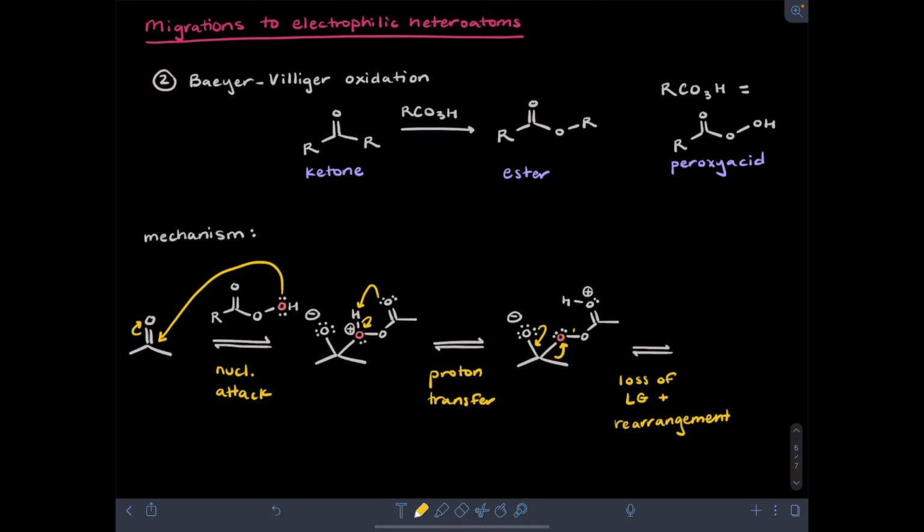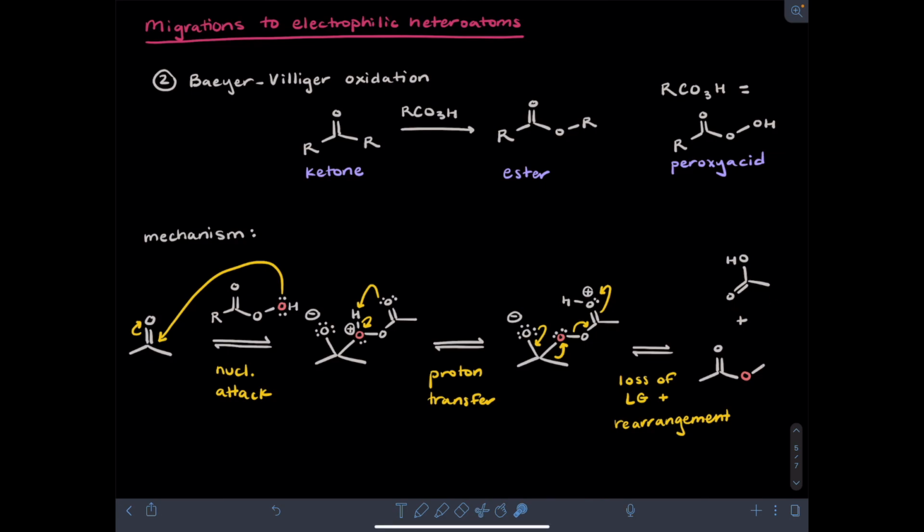I'll have a loss of leaving group from that oxygen in a way that generates a new pi bond. And I'll bring the carbon-oxygen pi bond up to the cationic oxygen. This step causes, in this case, a methyl migration to oxygen, generating the ester product. And the loss of leaving group step generates an equivalent of a carboxylic acid as well.